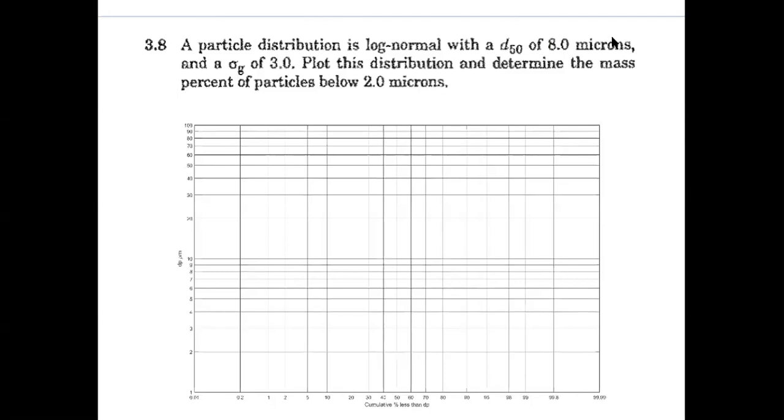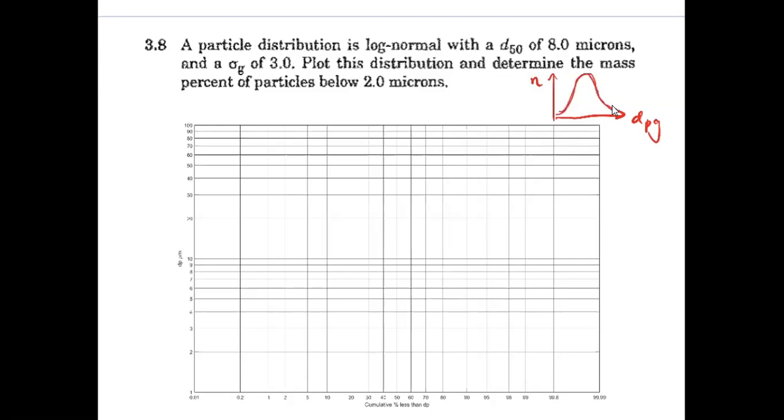So I noticed that some of you, when you solve this problem, you actually refer to the original definition of the log normal distribution. So I saw that some of you actually did this. So we basically plotted out the distribution of the log normal distribution.